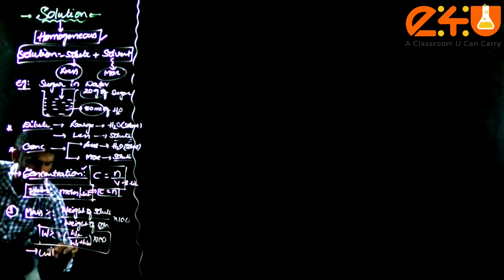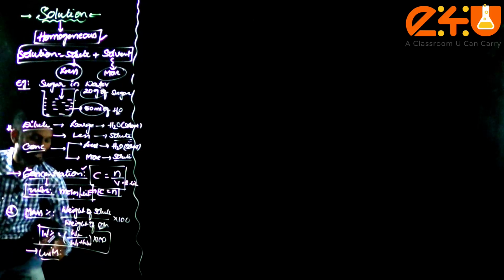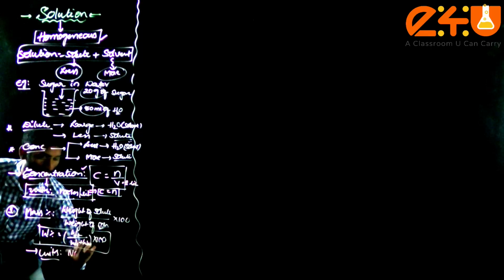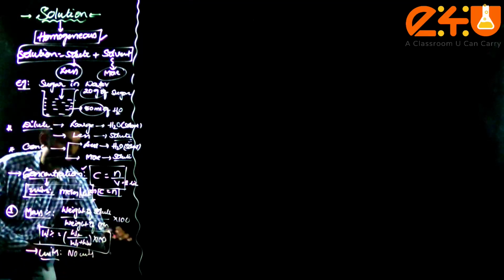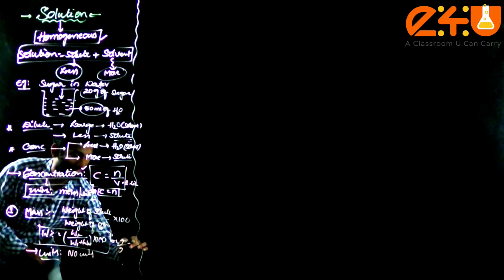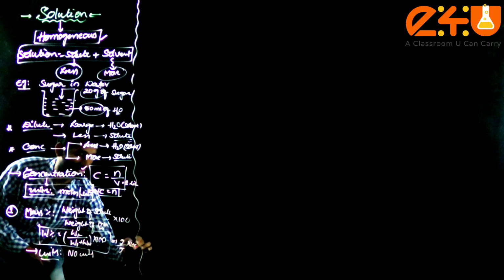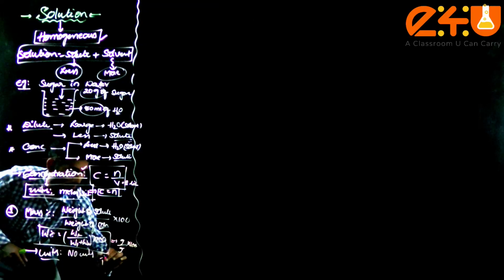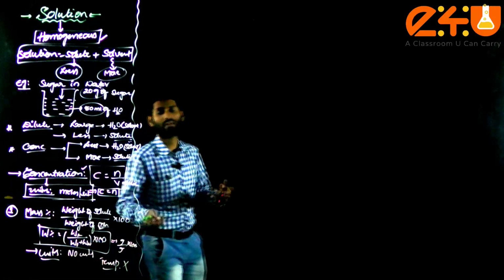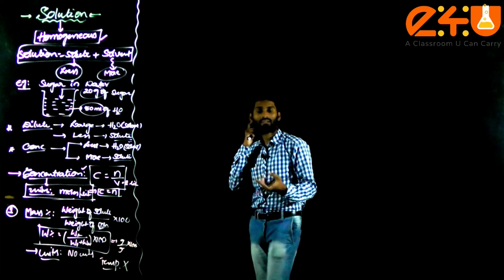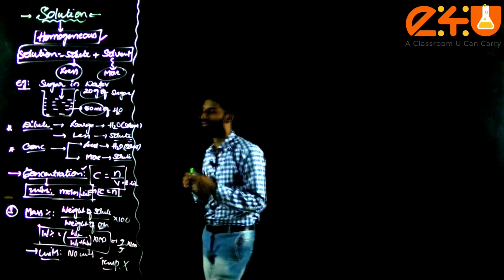Very, very important, dear students, units you must remember. There are no units, because weight in grams is divided by grams, both cancel here. It is a pure number, there are no units, and very important, it is temperature independent, because if you raise the temperature, the quantity of the mass will not be changed or altered.